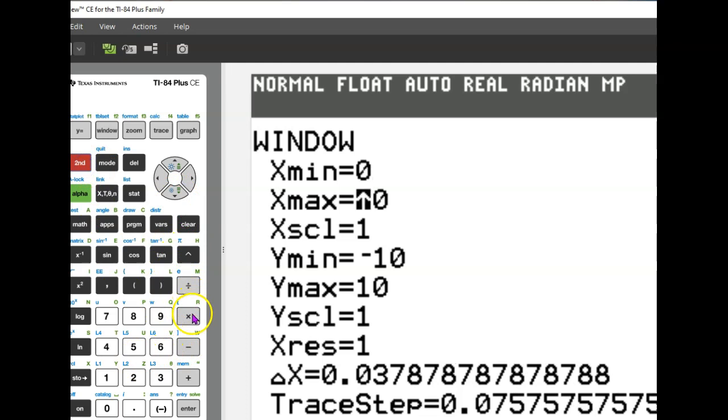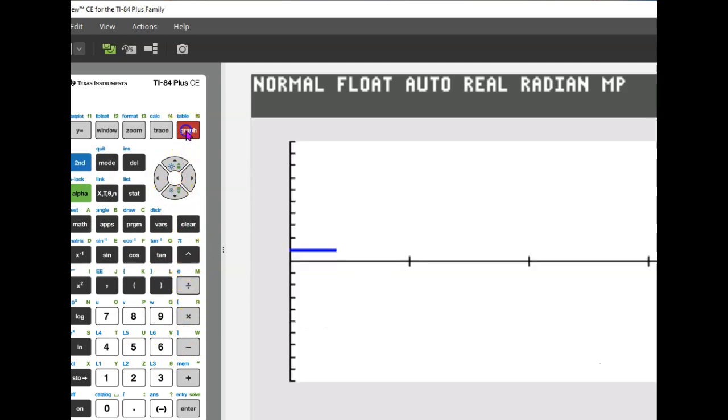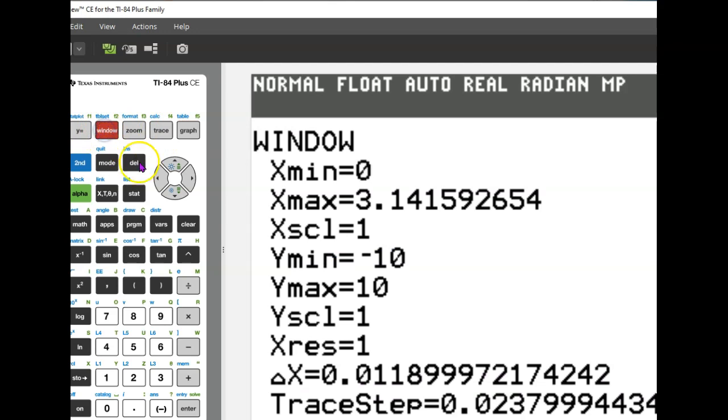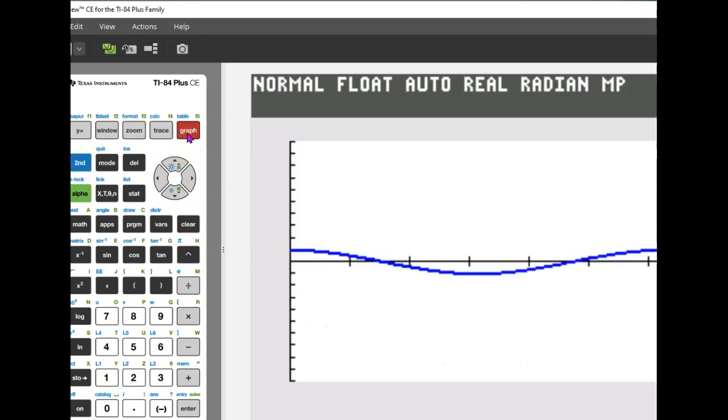Here's pi, graph. Oh, that's really ugly. I don't like that at all. Let's try again. Let's do 2 pi. That would be better because that makes way more sense. 2 pi. There we go. There's cosine. Starts at the top, ends at the top. This is one period of it.